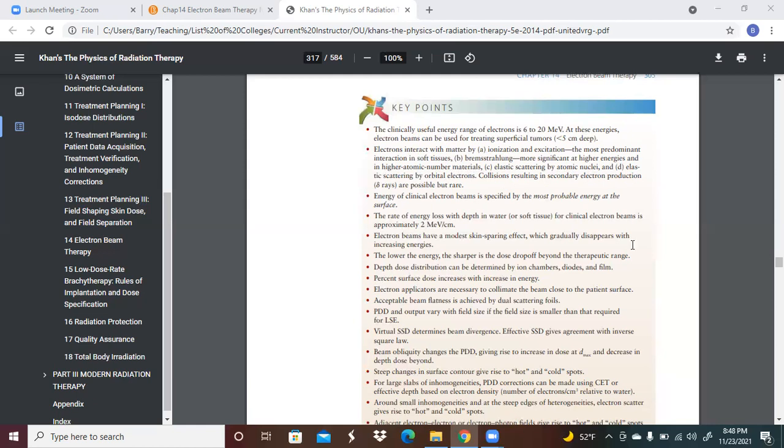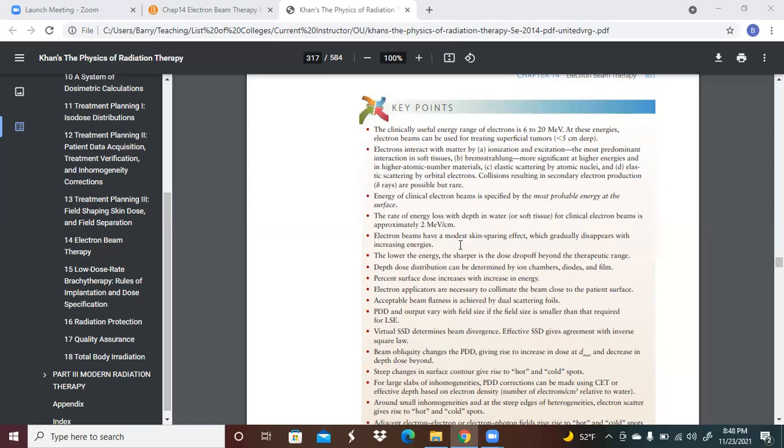You can also have a third type of reaction, which is elastic scattering by atomic nuclei and elastic scattering by orbital electrons. And we'll get into those a little bit later. Collisions resulting in secondary electron production, or delta rays, are possible, but they're kind of rare.